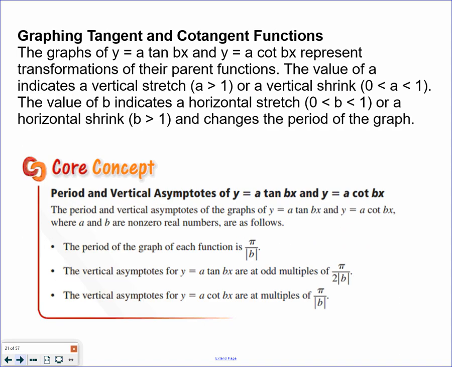The graphs of y equals a tangent of bx. Again, you're putting a number in front and a number inside, and just like before, that changes the amplitude and period length. To be technical, the amplitude does not actually occur because the graph goes above and below forever, so there really isn't an amplitude, but it will affect the characteristics of the graph.